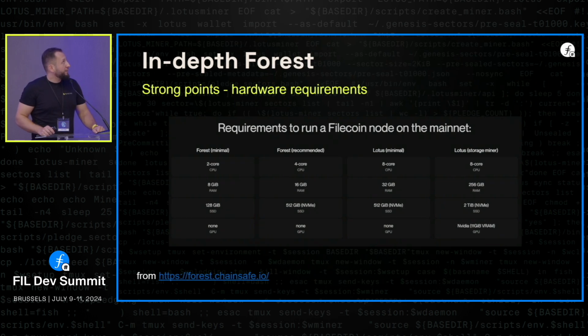Hardware requirements, well, they are lower in Forest, but this table is not that fair of a comparison, I would say. It's from the website, but Lotus does way more things than Forest. Still, we do use fewer resources.